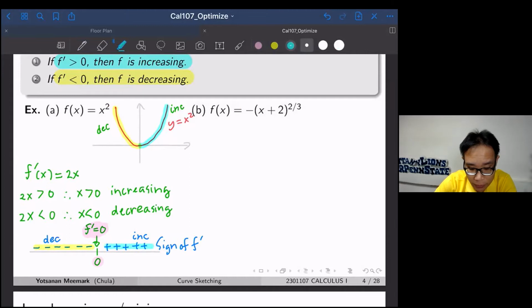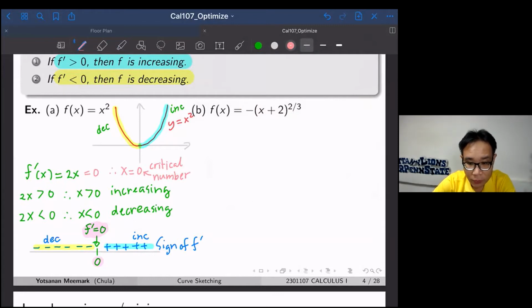The important point that separates the increasing and the decreasing interval turns out to be the point where you have derivative equal to 0. So this is the reason why we solve for derivative equal to 0, and you get x equal to 0. And this guy has a special name. This guy is called a critical number.